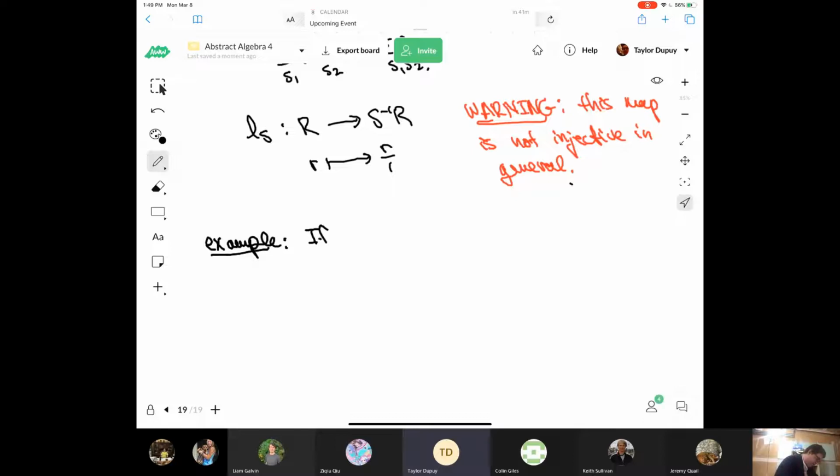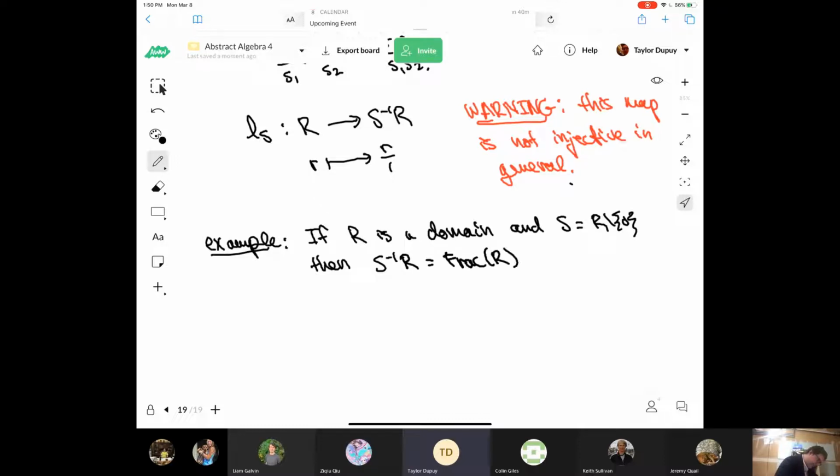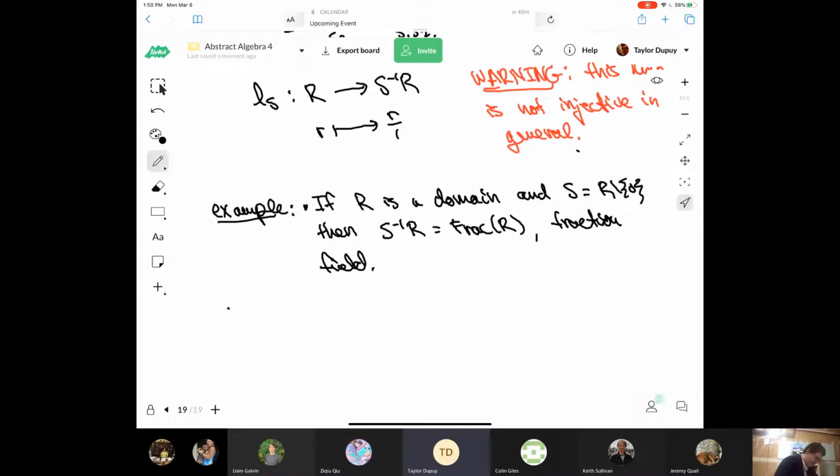If R is a domain, and S is R with 0 removed, then S inverse of R, the localization at this set, is the fraction field of R. Okay, and the localization of any domain is a domain.